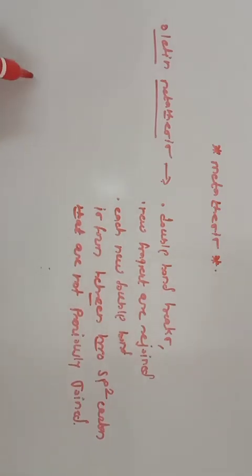For example, if you consider a general reaction, RCH. The double bond breaks and the new fragments are rejoined, and each new double bond is formed between two sp2 carbons that are not previously joined.